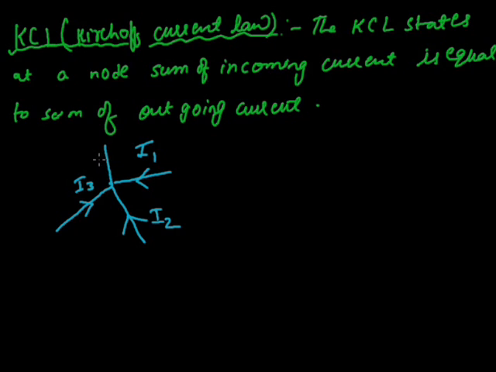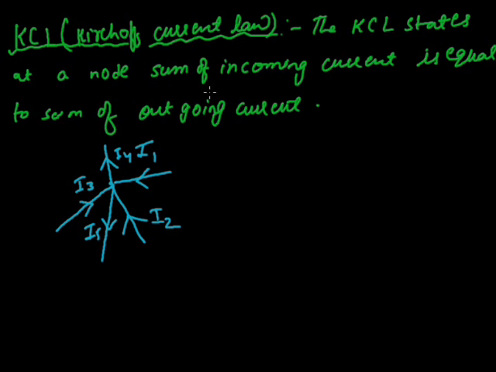This is outgoing from the node, that is I4, and one more, this is I5, which is leaving the node. So these are five branches, or we can say these currents are at a node.